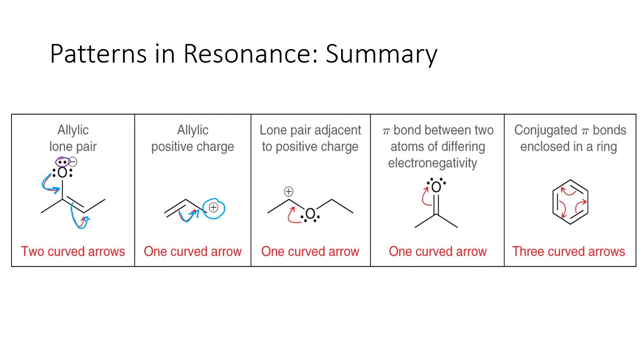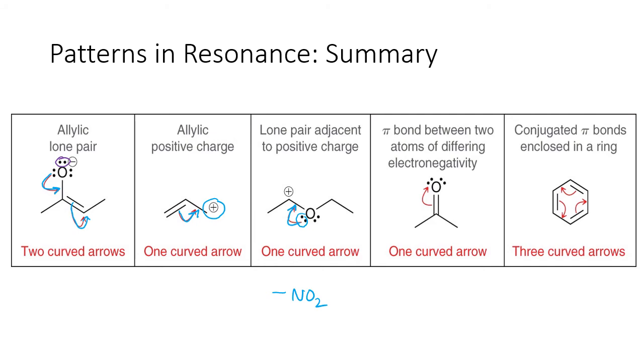Next, we had a lone pair next to an adjacent positive charge. We were able to take a lone pair of electrons and push them towards that positive charge, creating a double bond. And we usually only need 1 arrow for that move. The exception we saw was the nitro group, where we ended up needing 2 arrows. The next pattern is when you have a pi bond between 2 atoms of different electronegativity.